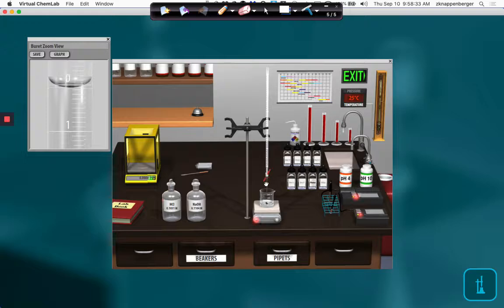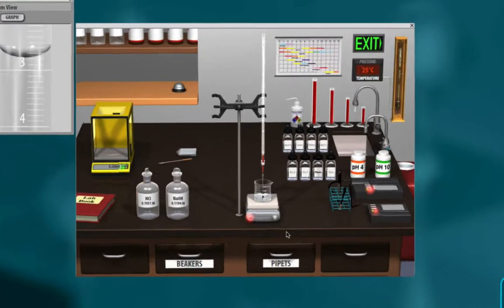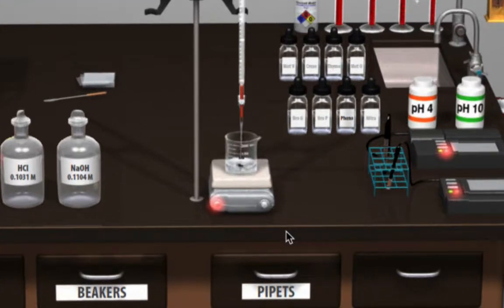And then guys, as we add base to the acid, the two are neutralizing each other. What you'll see is that eventually this thing will turn pink. It turns pink when the base neutralizes the acid.